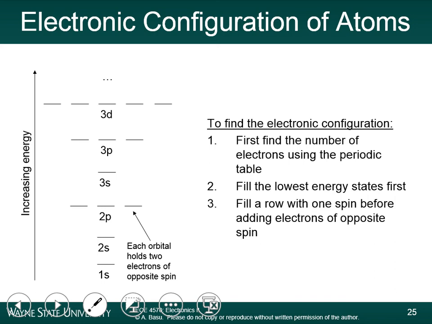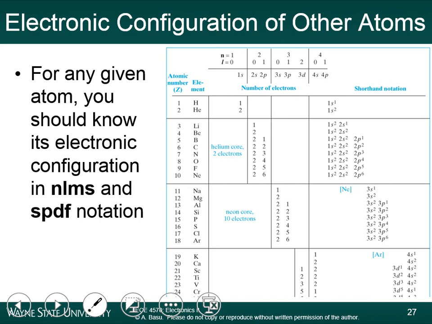Yes? But doesn't 4s fill up before 3d? 4s, that's a good question. There's certain molecules where it does. Yes, for potassium and calcium, you can see down here, there's 2 4s electrons that fill up before the 3ds. That's correct.